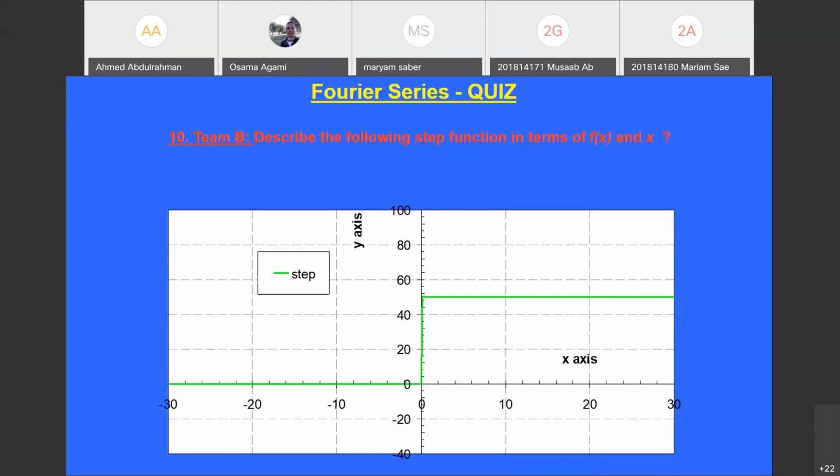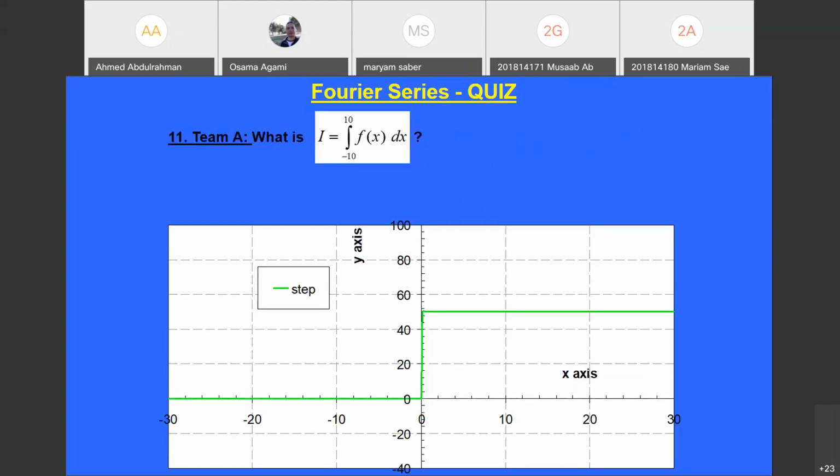Can you say the right-hand side? When x is below 0, it is equal to 0. Yes. When it's more than 0, it will be equal to 50. Roughly 50. Yes, you are right. Thank you. Now the male section, please.